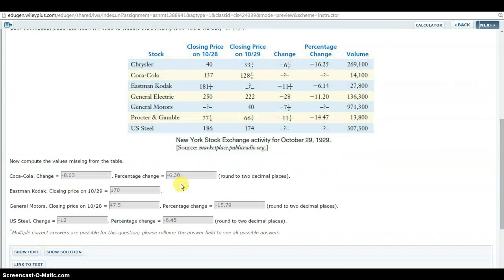The second question, some similarities here. We have Coca-Cola, and we have the price on October 28th, the closing price on October 29th. Notice that I'm actually translating this into words to get an idea of what's happening. This is something I would recommend when working on these Wiley tasks, because they do use contexts a lot.